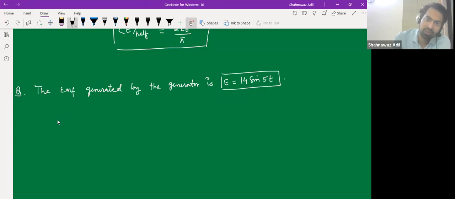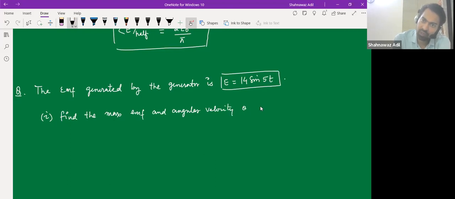Question is that find the maximum EMF and angular velocity of the EMF.